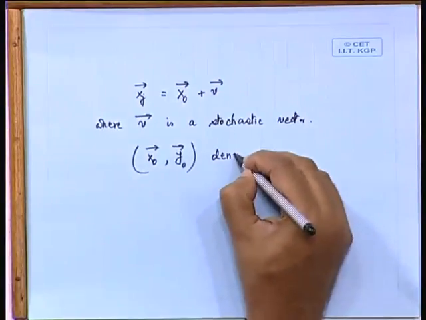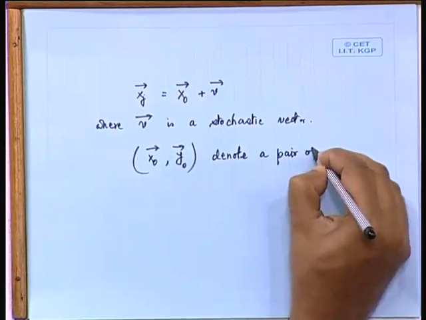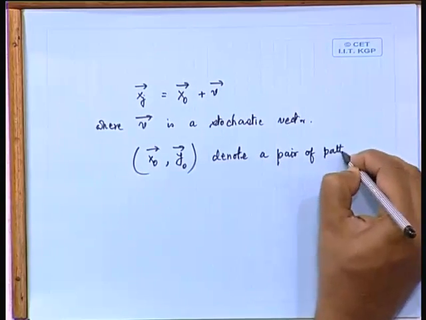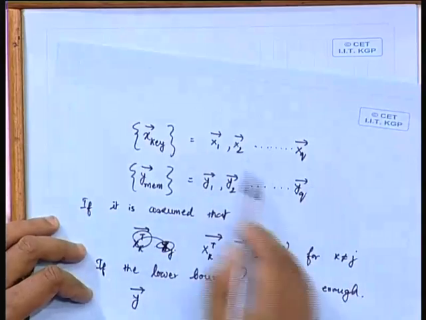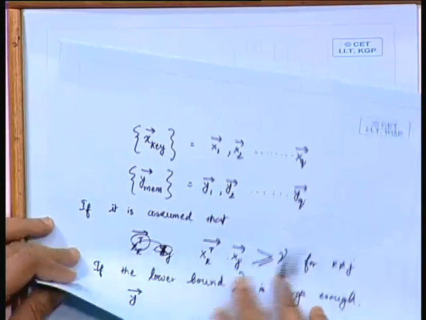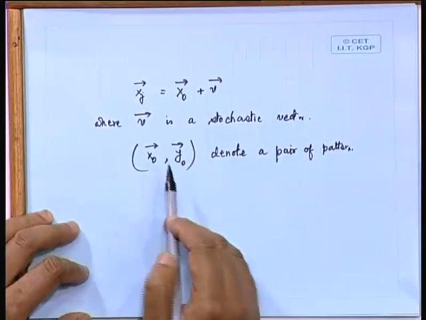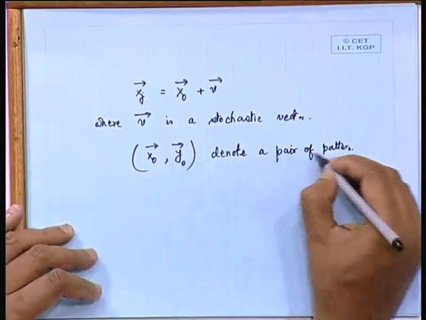Y naught is nothing but the corresponding response to x naught. So, x naught y naught will denote a pair of patterns never seen. In fact, why are we calling it never seen? Because x naught is not there in this set, y naught is not there in this set, but we will be getting an association of x naught with y naught.